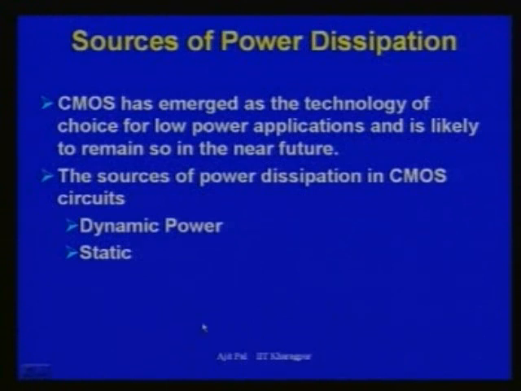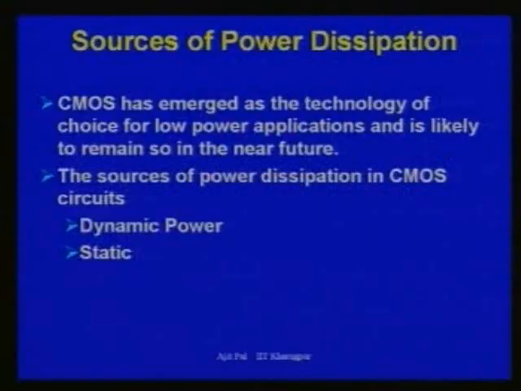The sources of power dissipation in CMOS circuits can be broadly divided into two types, dynamic power and static power. What is the difference between dynamic power and static power? Dynamic power is essentially when the circuit is in operation, in action, that means it is doing some processing. On the other hand, static power is when the circuit is in standby mode.